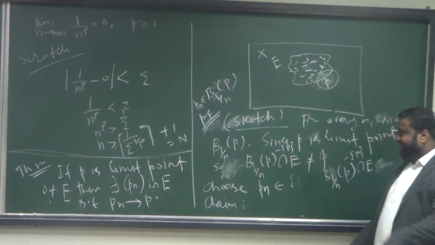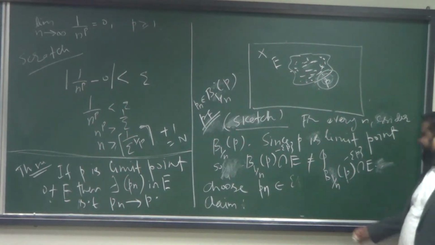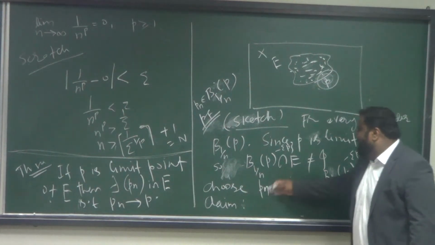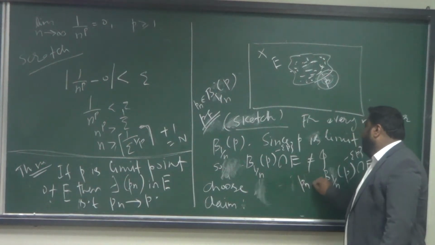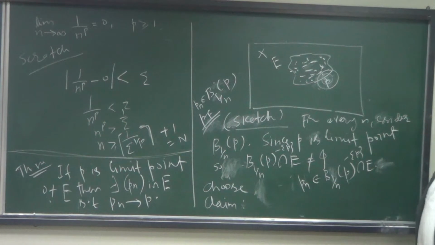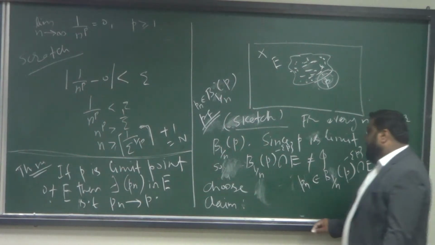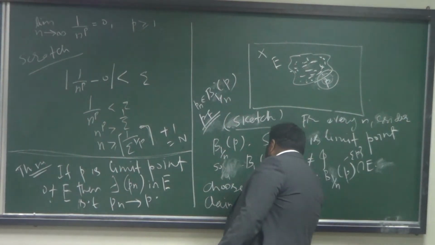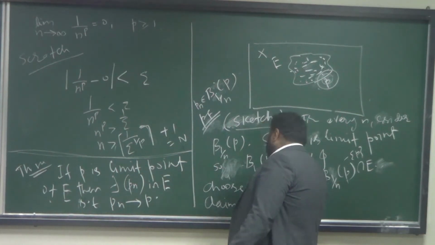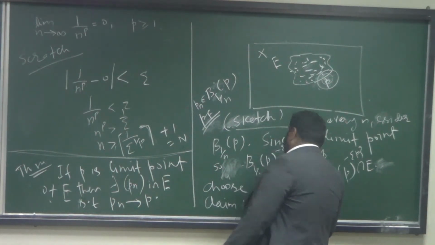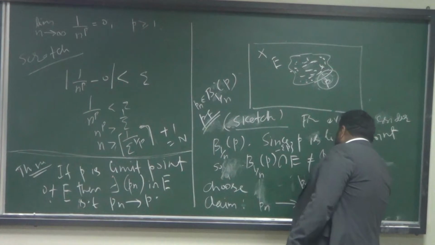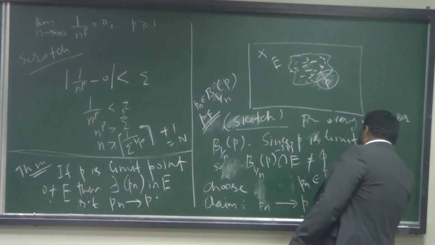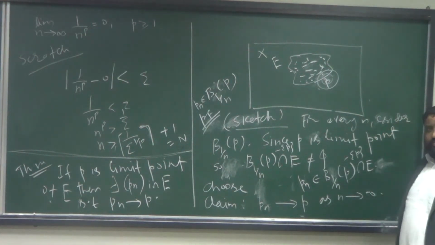So Pn belongs to the intersection. My claim is this, that this Pn that I have chosen is going to converge to P as n goes to infinity.